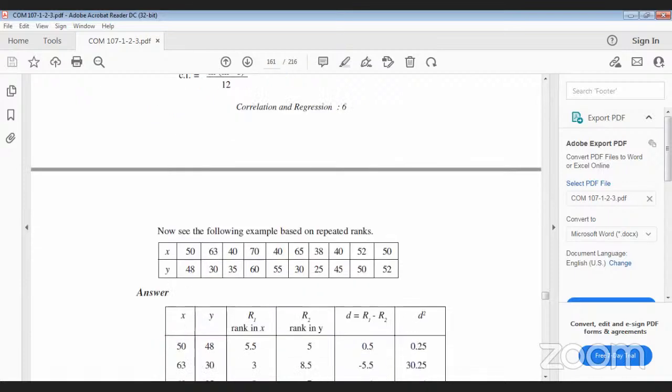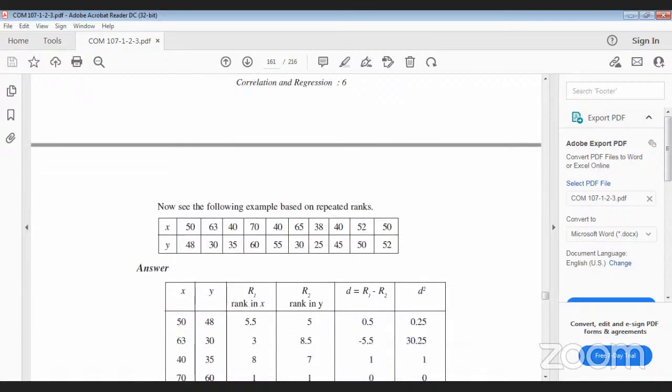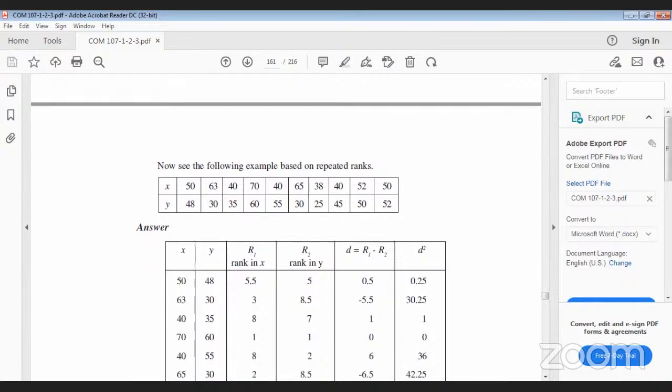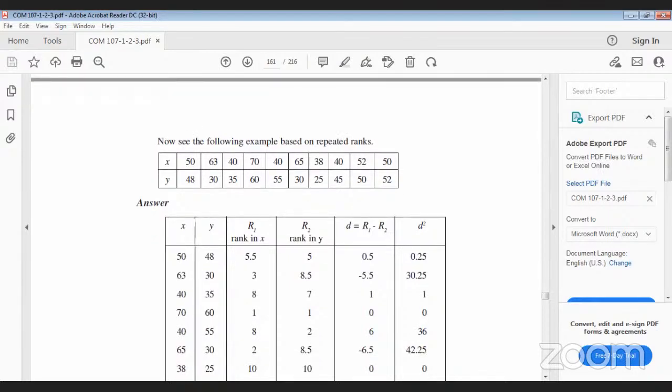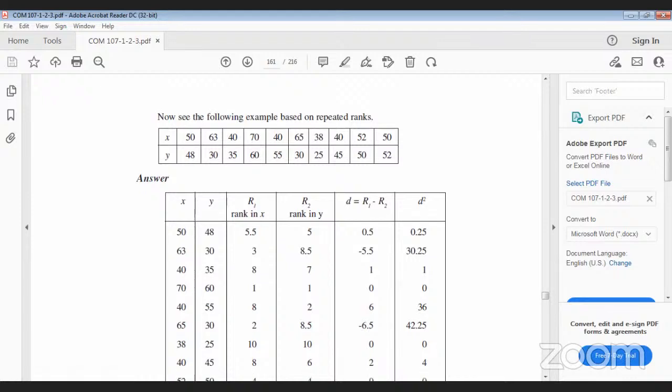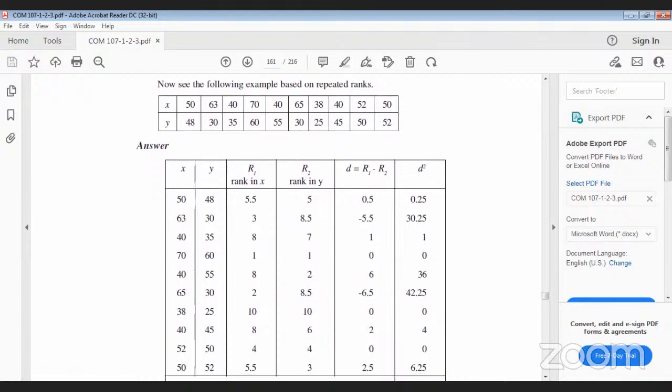We have to make a vertical column for X. There are 50, 63, 40, 70, 40, 65, 38, and 40, and also 52 and 50.